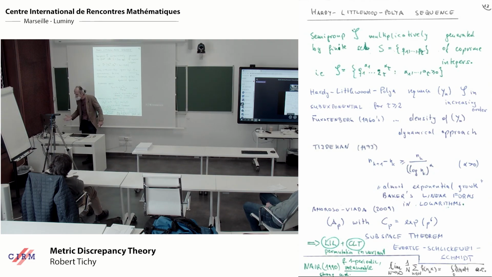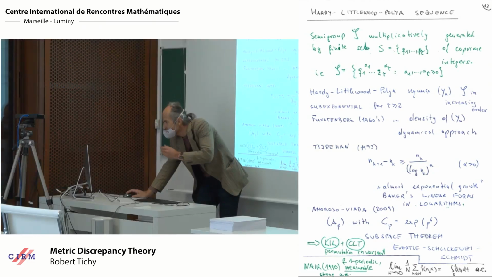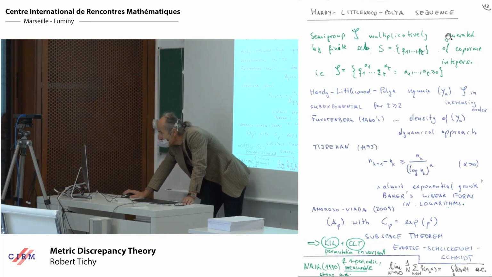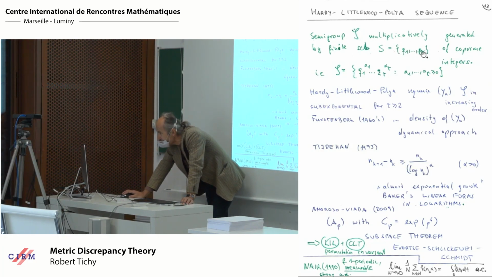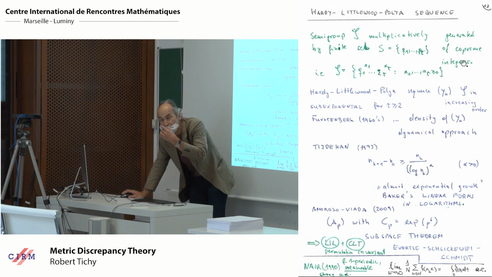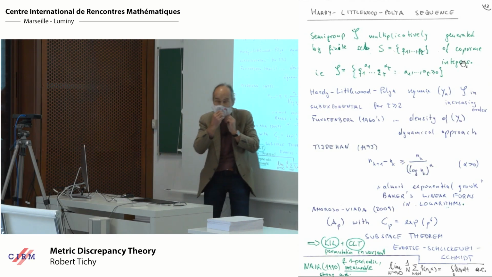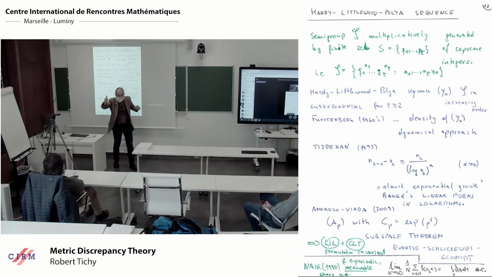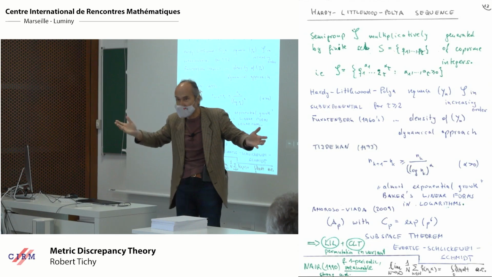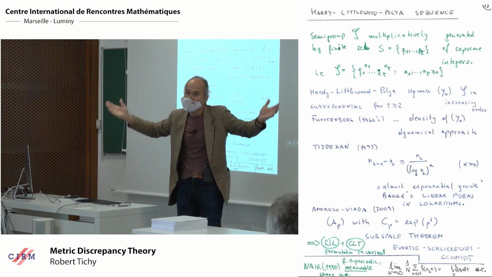And the sequence is the following. Take the multiplicatively generated semigroup of a finite set of coprime integers. So for instance, take one integer, 2. The multiplicatively generated sequence by one generator is, of course, the powers of 2. Yeah, good, this we know.